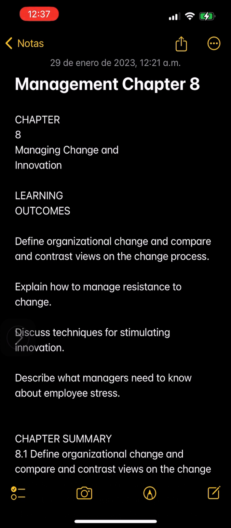8.2 Explain how to manage resistance to change. People resist change because of uncertainty, habit, concern about personal loss, and the belief that a change is not in the organization's best interests.